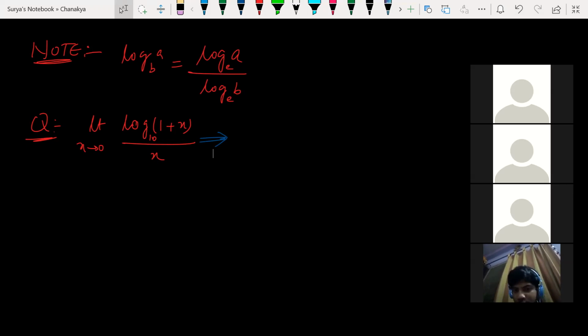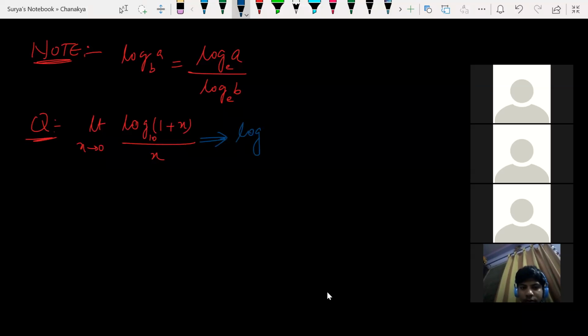Sir, log 10 can be written as 1. Where do you get log 10? In the question. No, you can't. Just keep it as it is. You can't write like that. Keep it as it is, because can I write something like this?